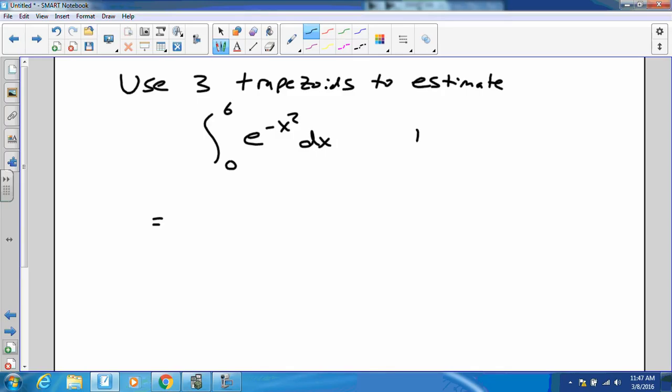What is my delta x going to be? 2, right. It's going to be 6 minus 0 over 3, equals 2. And so now I can write the trapezoidal estimate as, what's my first trapezoid going to look like? It's going to go from 0 to 2, so how am I going to estimate that?